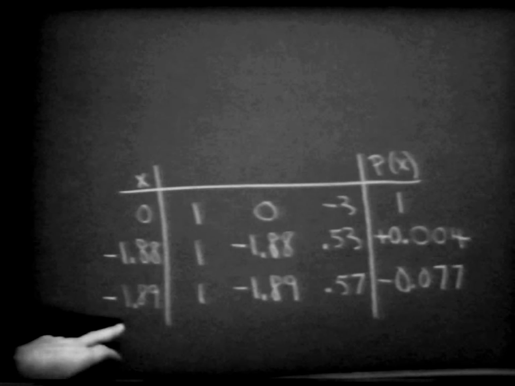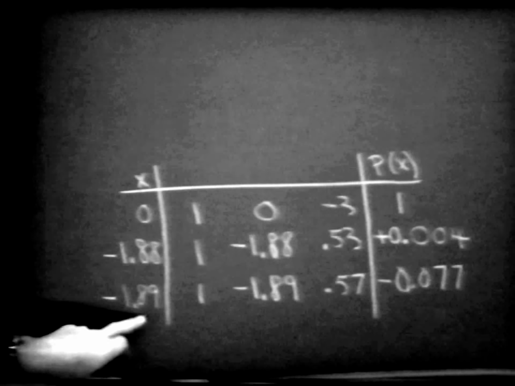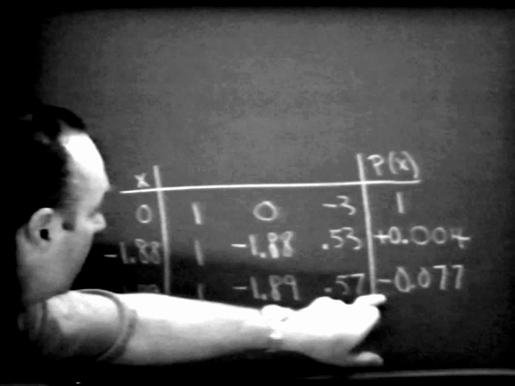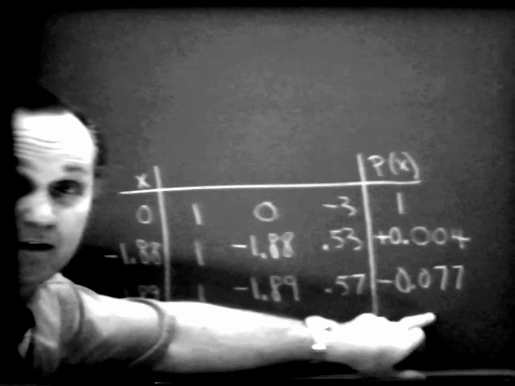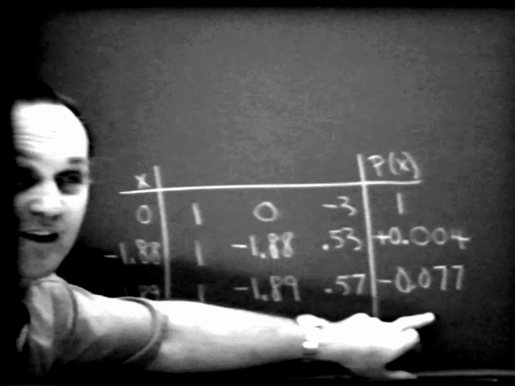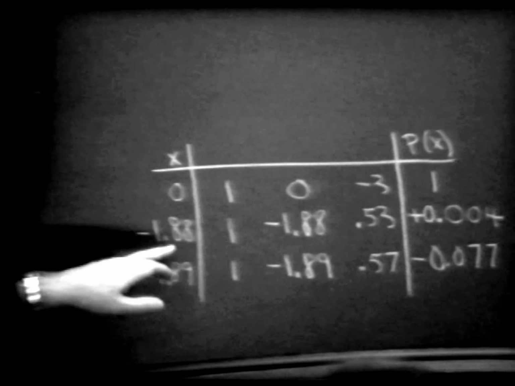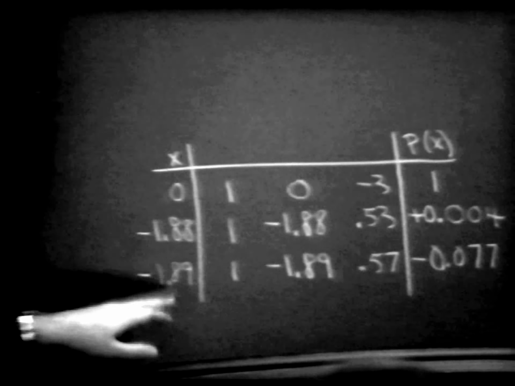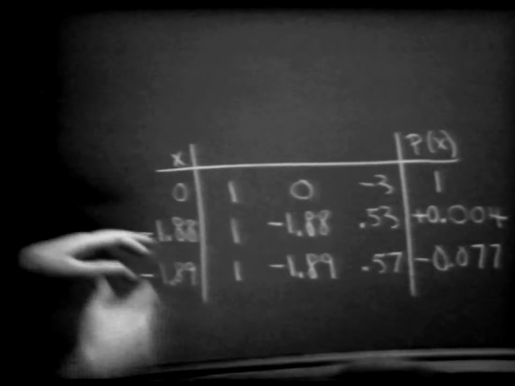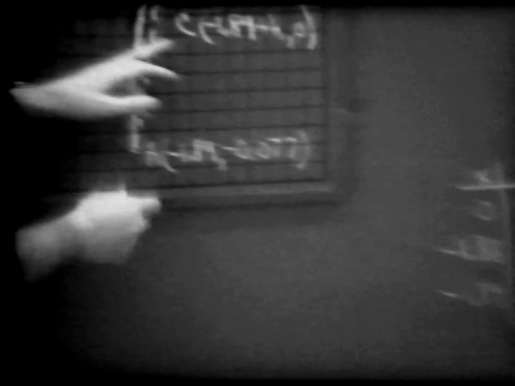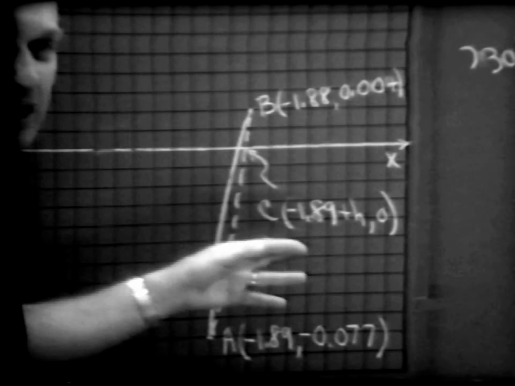I then took the next number, negative 1.89, and it turned out to be negative 0.077. So indeed, our root must be between 1.88 and 1.89.